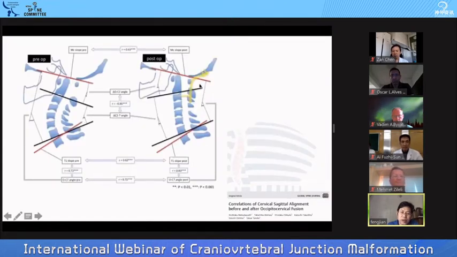So as we all know, the change of C1-C2 angle will be correlated with the change of C2-C7 curve angle.